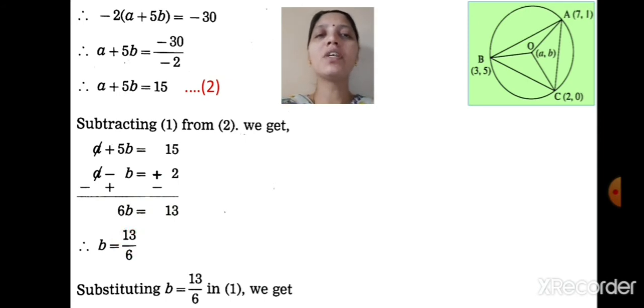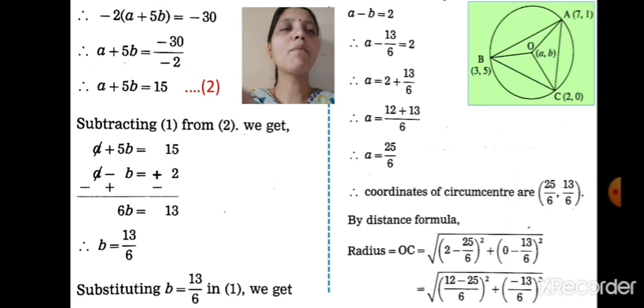Now substitute this value of b in equation 1. We get a minus b is equal to 2. Substitute the value of b here. Therefore a minus 13 upon 6 is equal to 2. Therefore a is equal to 2 plus 13 upon 6. Now to do this addition, we have to make the denominator same.